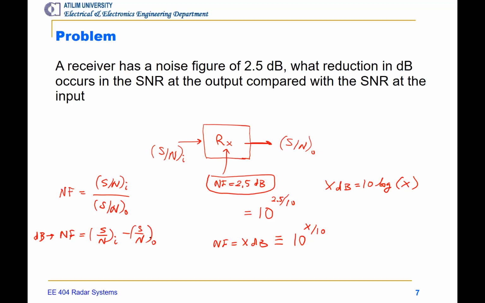So be careful when you are playing with power, noise, voltage, and current in a communication system. Usually we use either numbers or dB: ratio or dB, volt or dB volt, watt or dB watt, microwatt or dB microwatt. So you have to be careful. If you are given dB values, it's better to use dB calculations or formulas only.